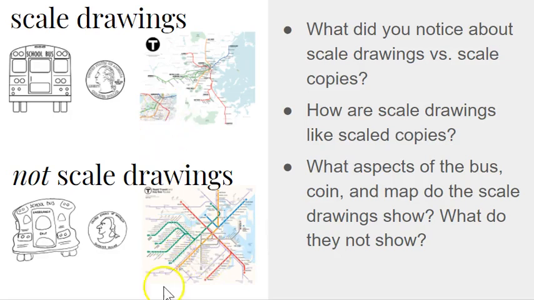You can see some of the aspects that are similar, but in the scale drawing, we have a realistic depiction of the actual thing. In the not scale drawings, we do have a depiction of those things that we can clearly see represent those things in some way, but they don't have all of the same things. And a scale drawing will have all of the same parts, just smaller or larger depending on the scale factor.